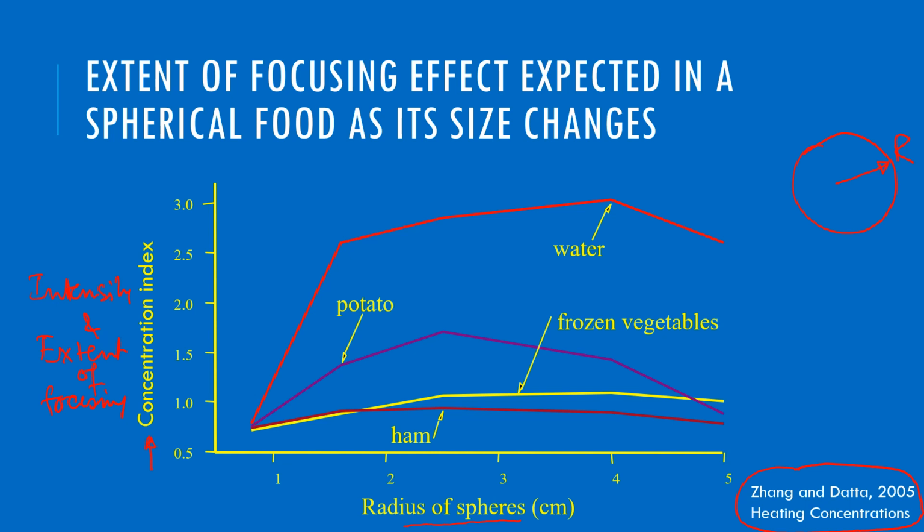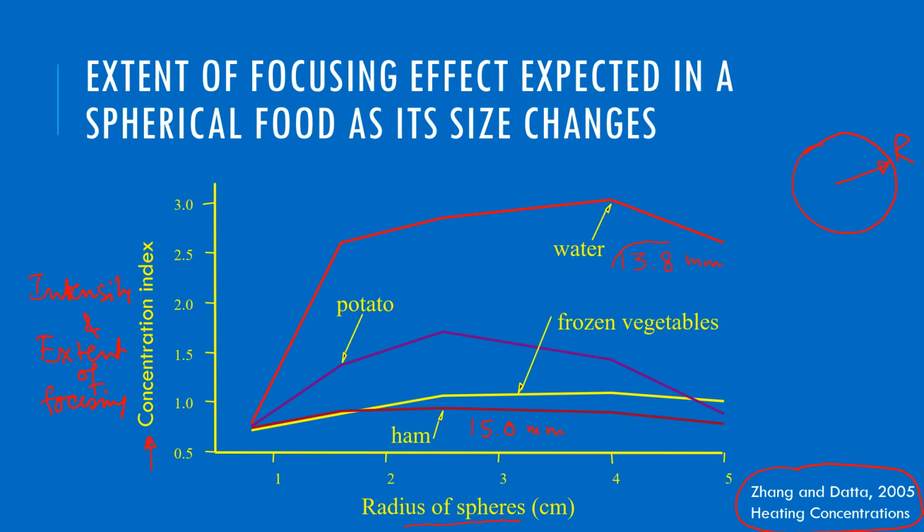Why do we care about this intensity or extent of focusing? Among many reasons, we care because that can give us an idea of how uniform or non-uniform the heating is going to be. Now, another factor that relates to dielectric properties is important in describing this intensity and extent of focusing, and that is penetration depth.